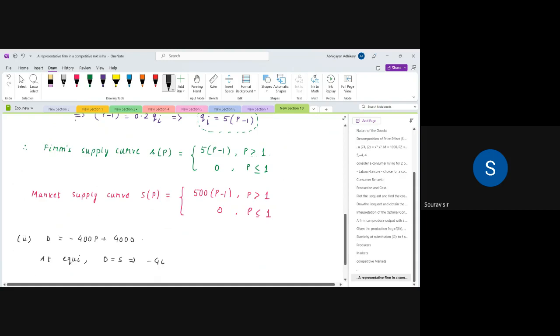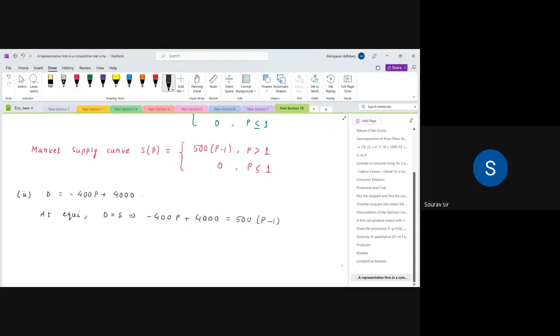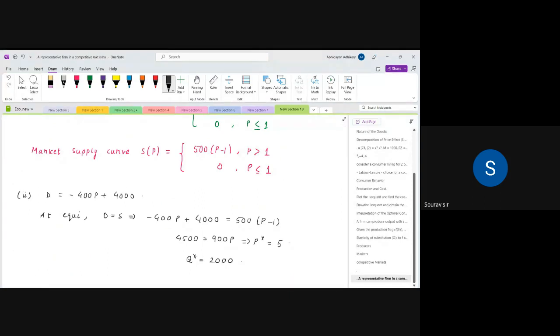That means minus 400p plus 4000 equals 500 into (p minus 1). So this becomes 4500 equals 900p, and the equilibrium price is 5. If you substitute it, you get the equilibrium quantity.